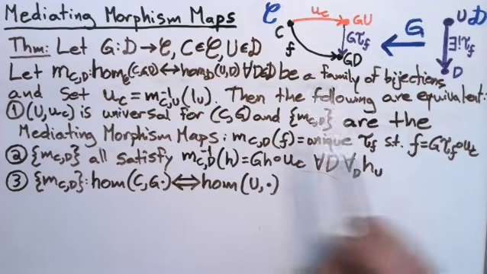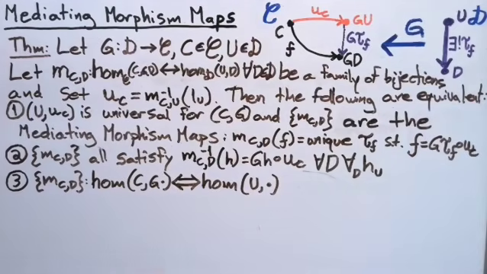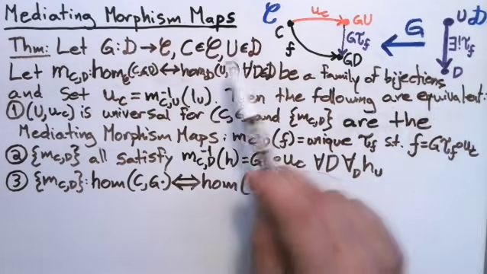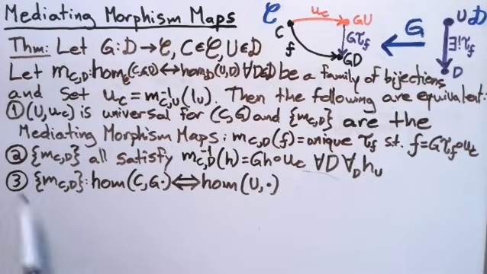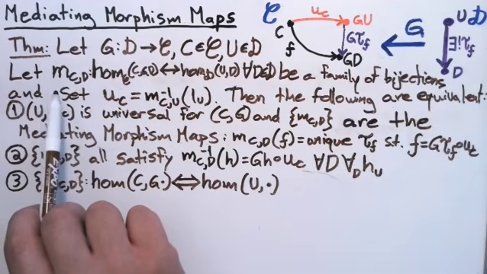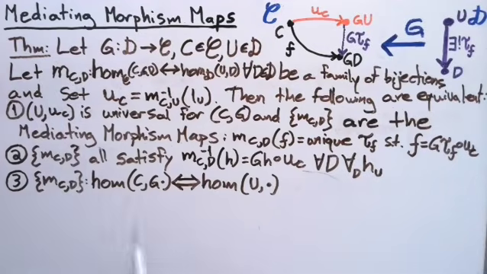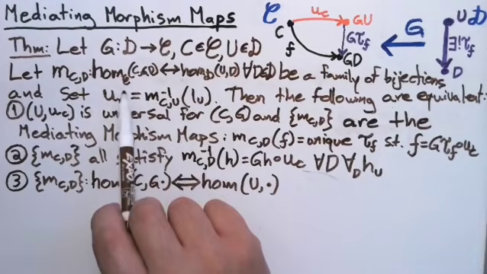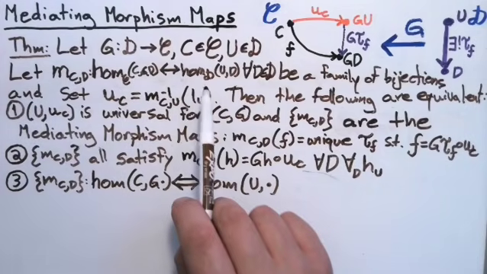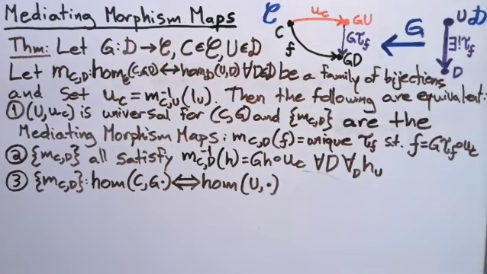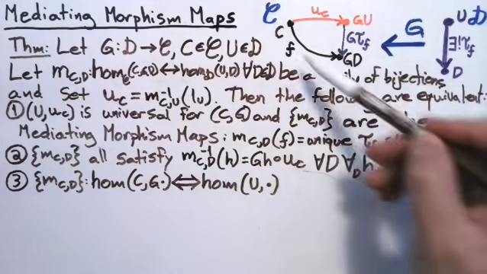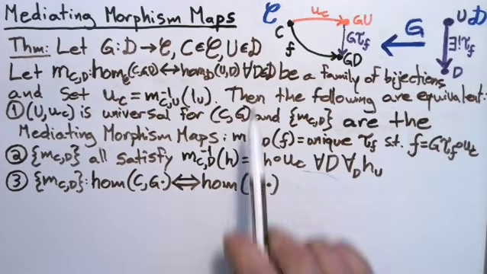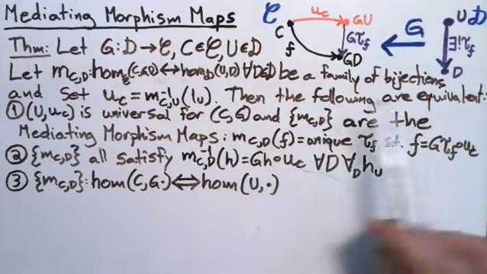Suppose G is a functor going from D to C, and that C is some fixed object in C, and U is some fixed object in D. Then let the function MCD from hom(C, GD) in the category C to hom(U, D) in the category D, so that's the morphisms from C to GD going into the morphisms from U to D, for all D, be a family of bijections.